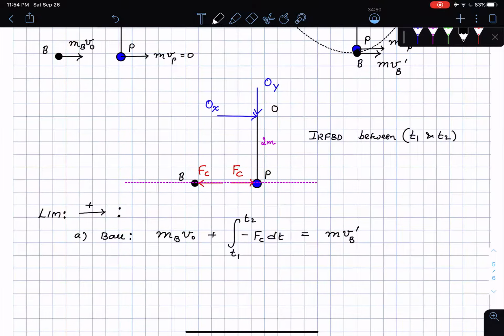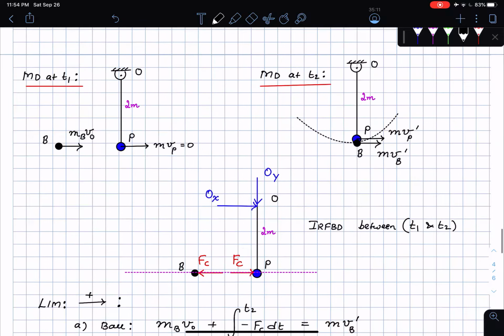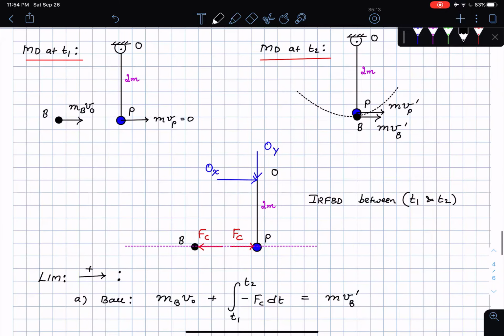And then let me also write the angular impulse momentum for the ball. Well, before I do that, let me write the linear impulse momentum for the pendulum as well. For the pendulum, at time t1, what is the momentum? 0.